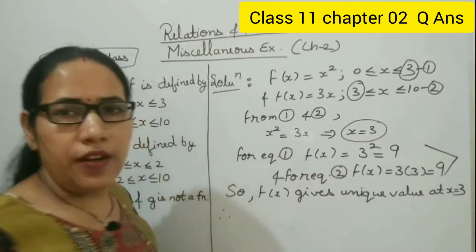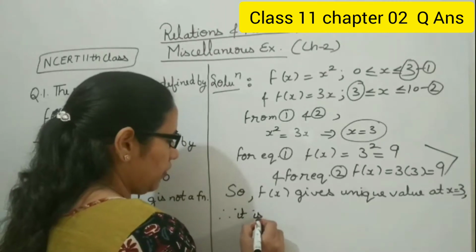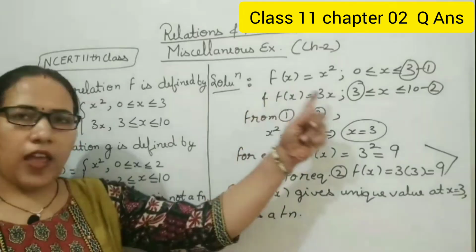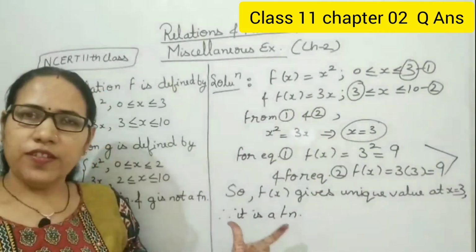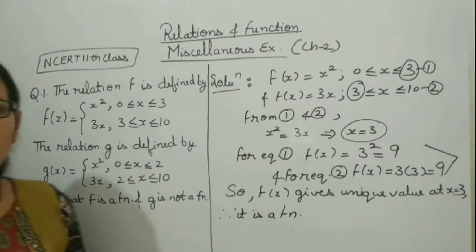Therefore we can write it is a function. It is a function. So we have to prove here that relation f is your special type of relation, that is your function. Now we have to prove the second part, that gx is not your function.